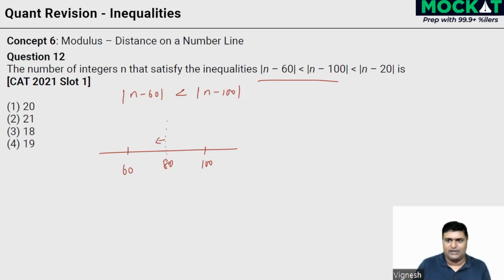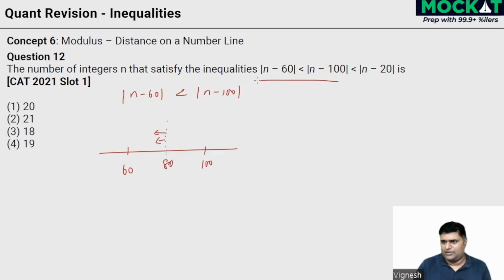Therefore, this is the region. Anything to the left is closer to 60 than to 100, right? If you look at the right side, that's going to be closer to 100 than to 60. So the distance to 100 is going to become smaller than the distance to 60. I don't want that. Distance to 100 should be more than it, right? So this is the region I want. All those which are less than 80 satisfy.